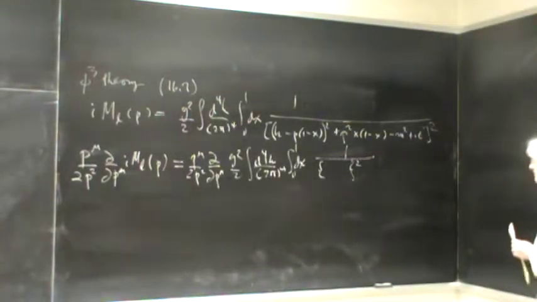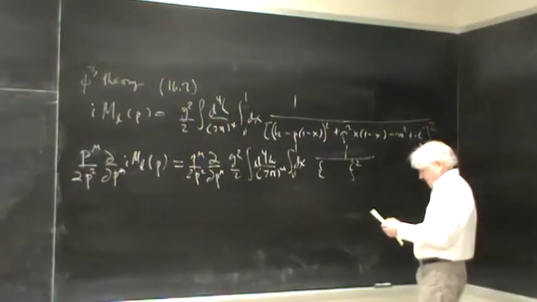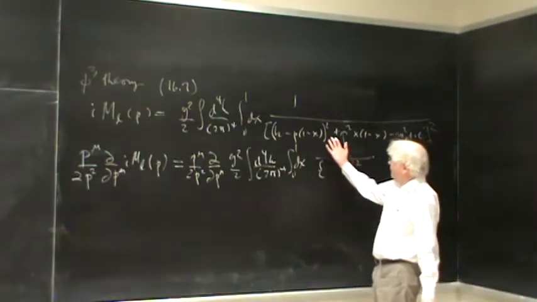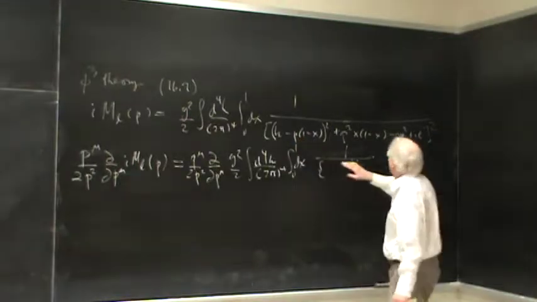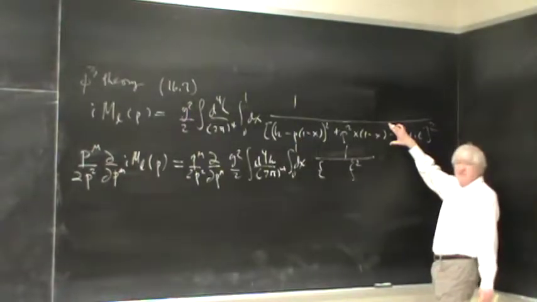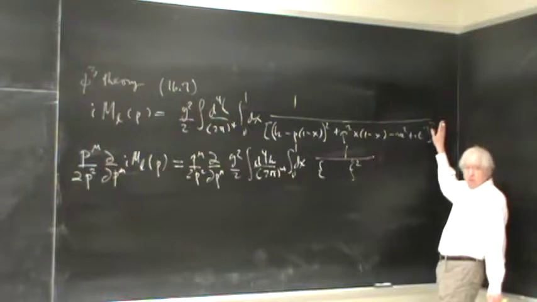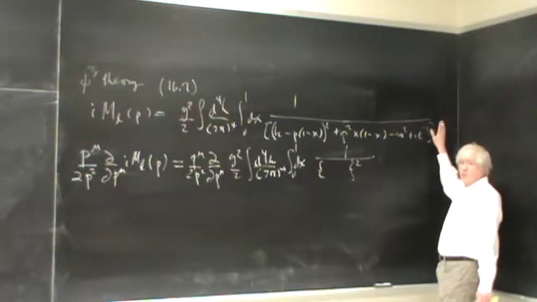That's what we have to do. Now, when you differentiate with respect to p mu, that's going to pull down another factor of this. It's going to make this thing cubed, so that will be 1 over k to the 6th in the denominator. We'll have a convergent integral.